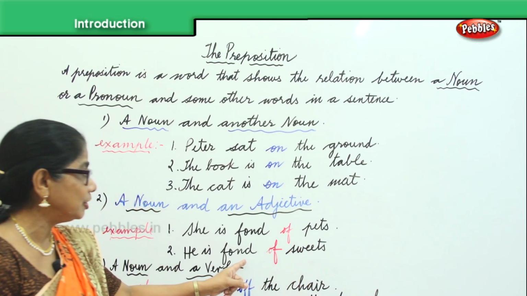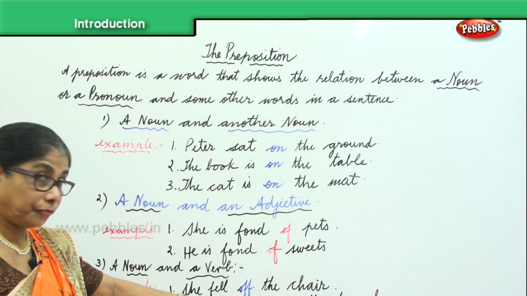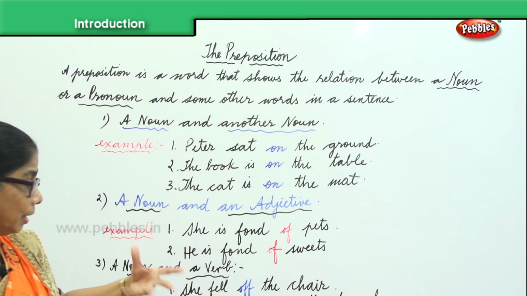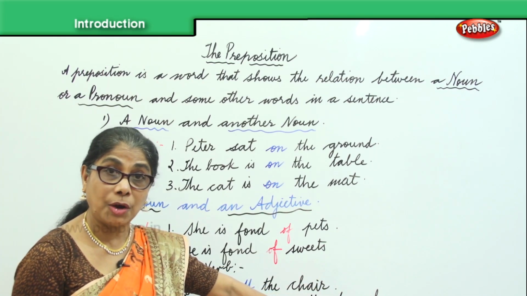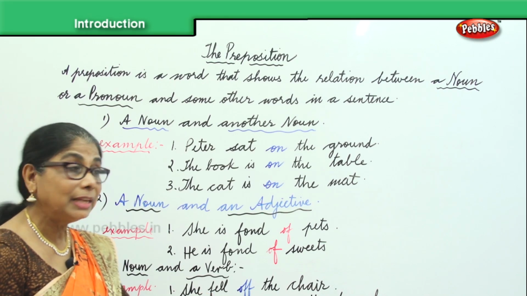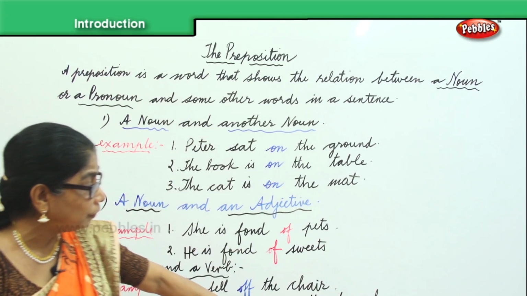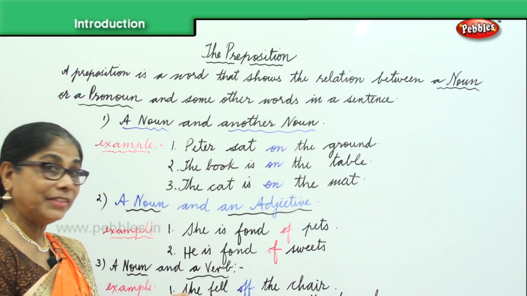And in the third part, the preposition of shows the relation between a noun and a verb. Chair, branch, noun. Fell, verb. So, in the third part, the preposition of shows relation between a noun and a verb.